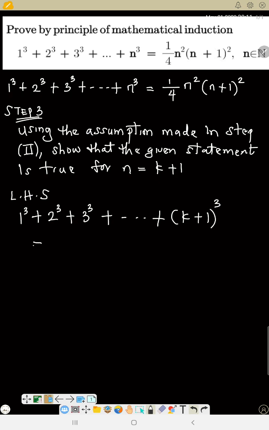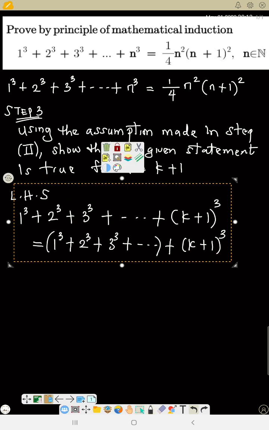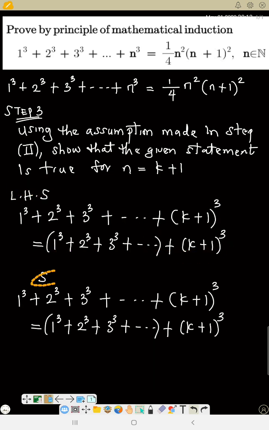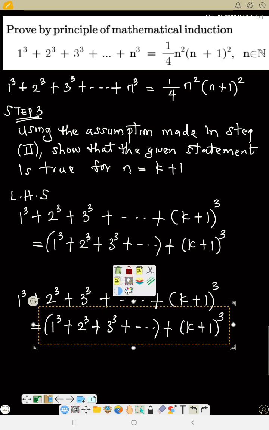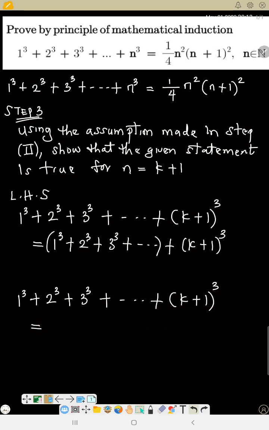Now it is this same left hand side that you will change. Just put brackets in your next step: 1 cube plus 2 cube plus 3 cube plus, then in brackets, plus k plus 1 raised to power 3. Everything in this bracket you have to complete.